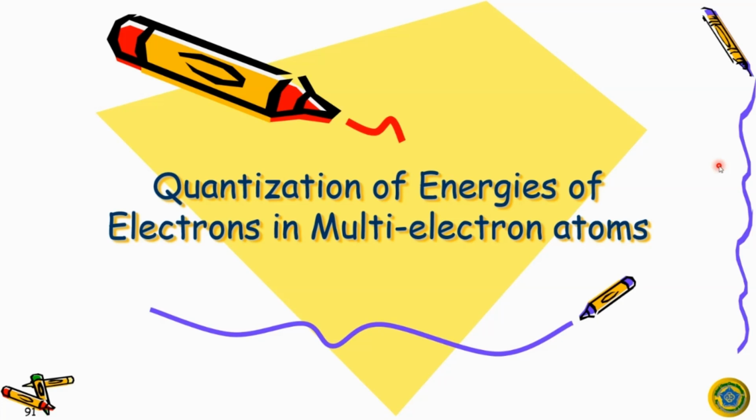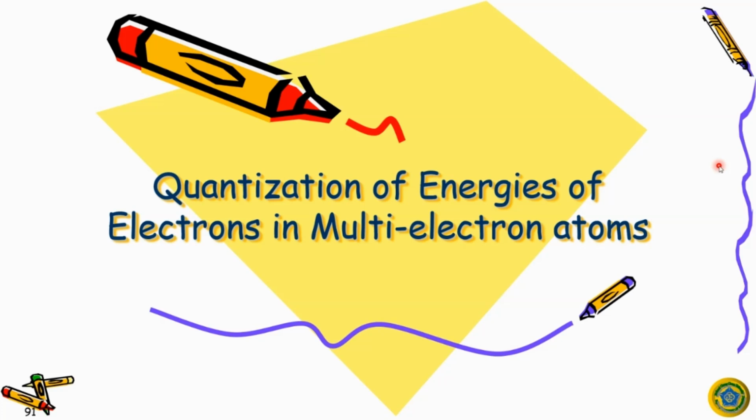When we think of the electrons in the Bohr atomic model, there is only one electron, and this electron is quantized. But what happens if we have 2 or 3 electrons in the atom? Will these electrons be quantized and follow the atomic model?